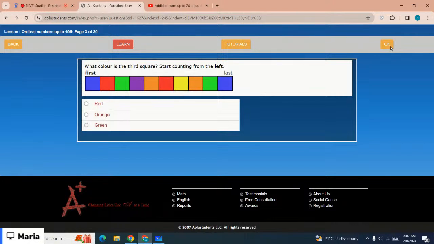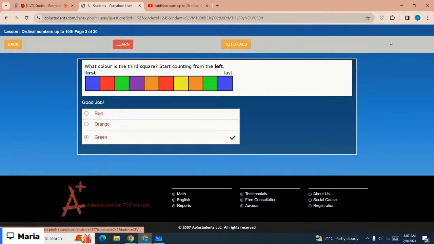So which is the correct option? Third. That is green. The correct option is green because the third square is green.